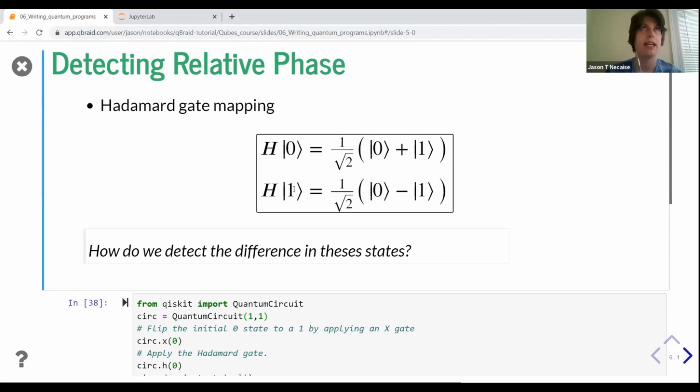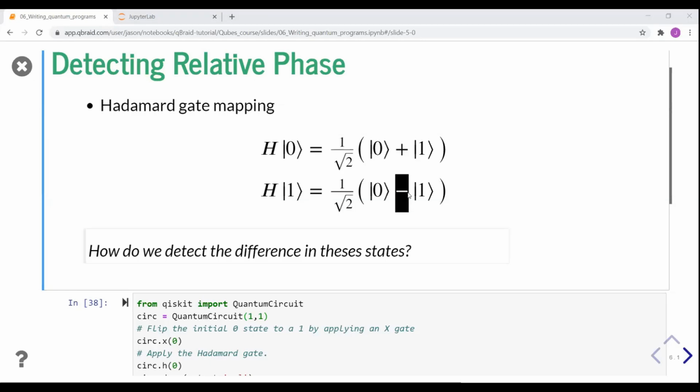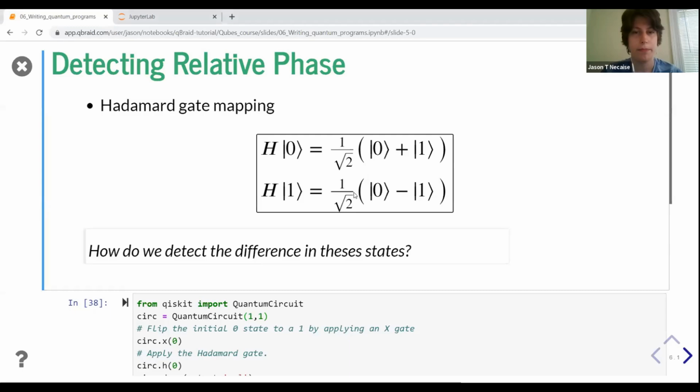It sends qubits which are in the 1 state to an equal superposition with a minus sign. Okay, and we cannot measure the minus sign there in the physical output. Yeah, exactly. So at this point, when you measure, all you're going to get is the frequency of zeros and the frequency of ones.